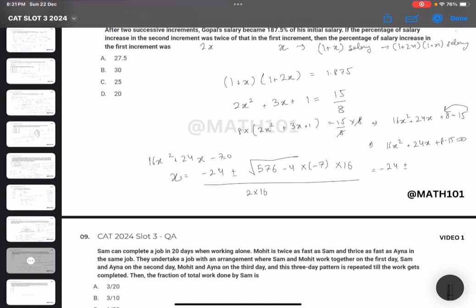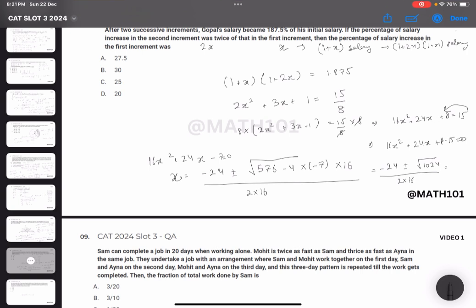Wait, I am making a mistake. Let me use the calculator. 4 into 7 into 16 is 448, plus 576 is 1024. So we get root 1024 upon 2 into 16.